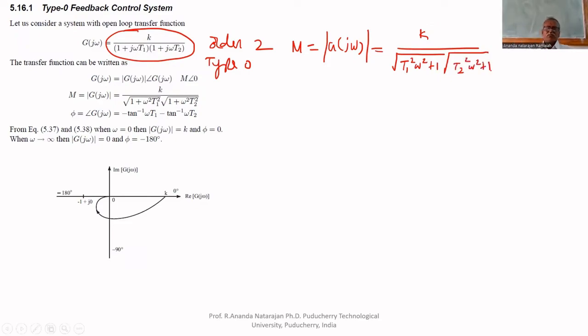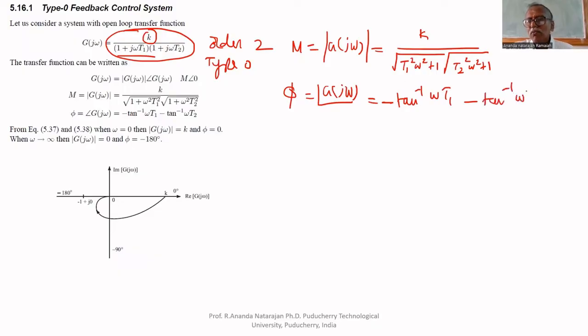This is the magnitude. What is the angle? Angle of G of j omega, that is phi, equals angle of K, which is 0, minus tan inverse of omega tau 1 divided by 1, minus tan inverse of omega tau 2 divided by 1. That's all.